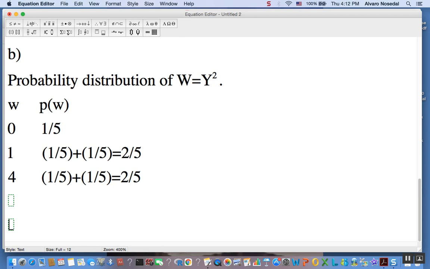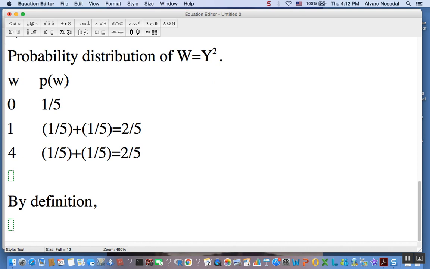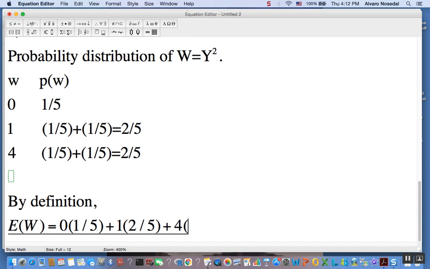Now that we have the probability distribution, we will just use the definition. By definition, the expected value of W will be 0 times the probability of 0, plus 1 times the probability of observing a 1, plus 4 times the probability of seeing a 4.